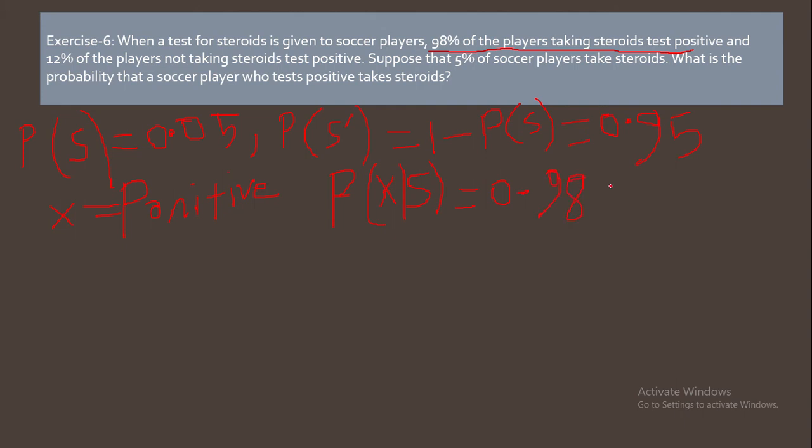We also have that the probability of someone being tested positive is 12% when he actually does not take the steroids, right? So P of X being tested positive when he does not take the steroids, that means given that S prime, the probability of X equals 12% or 0.12.